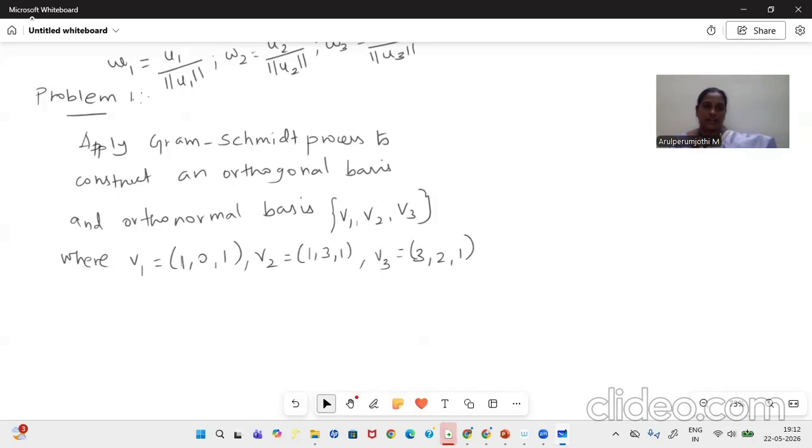So for these three vectors we are going to find the orthogonal basis and orthonormal basis.